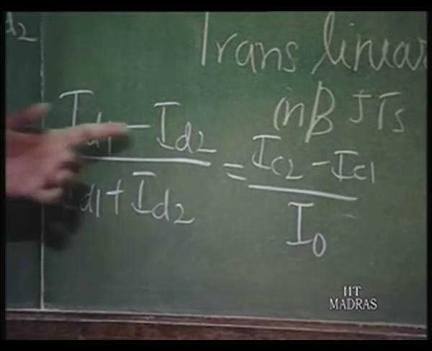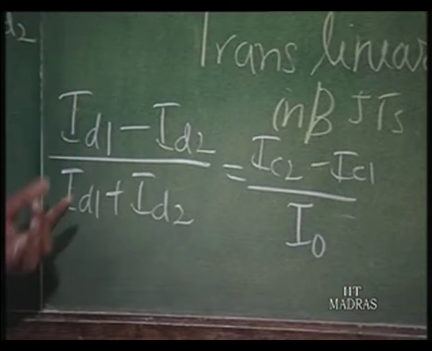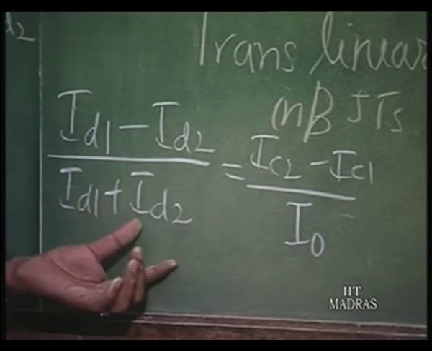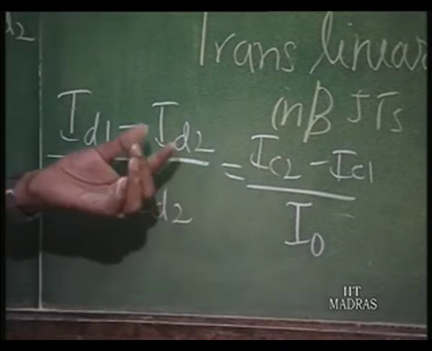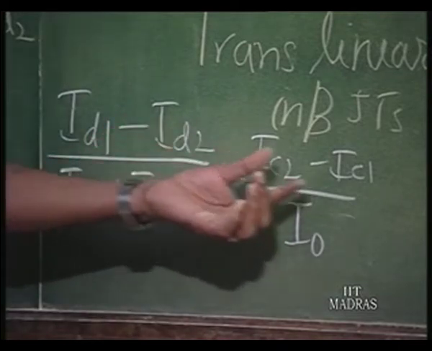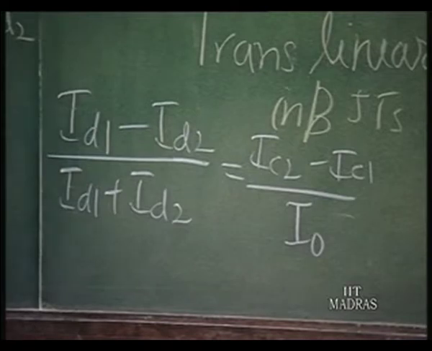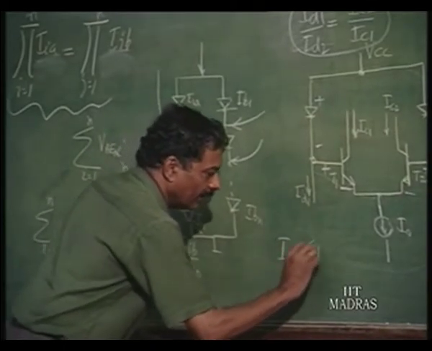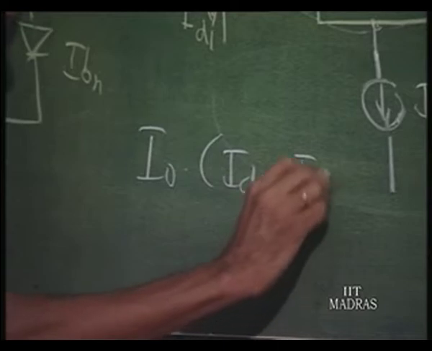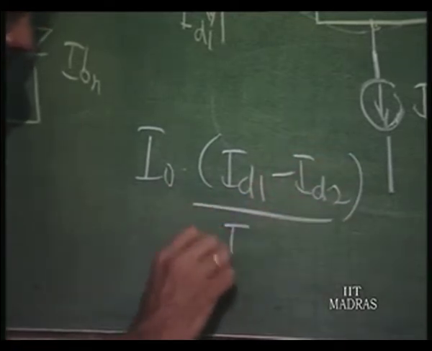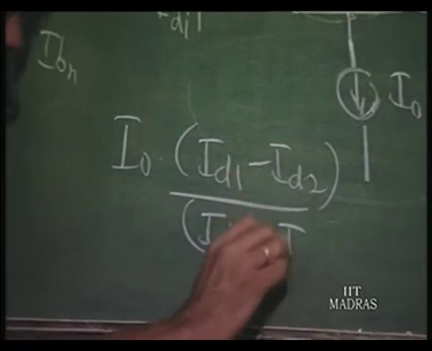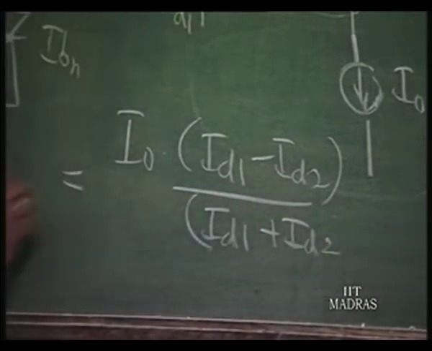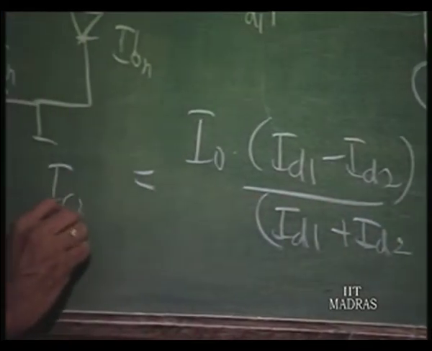So, I D 1 minus I D 2, the differential input current, divided by I D 1 plus I D 2, the common mode input current, into I naught, which is a DC current, is equal to I C 2 minus I C 1. This is the basic principle of the Gilbert gain cell: I naught into I D 1 minus I D 2 divided by I D 1 plus I D 2 equals my differential output current I C 2 minus I C 1.